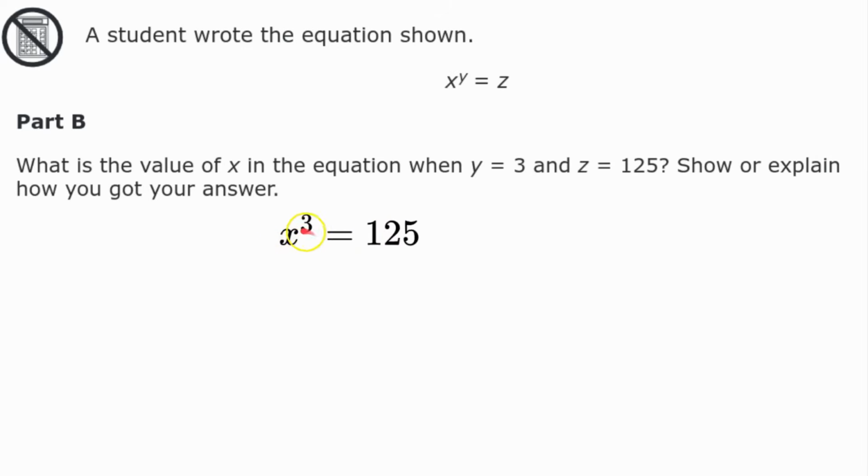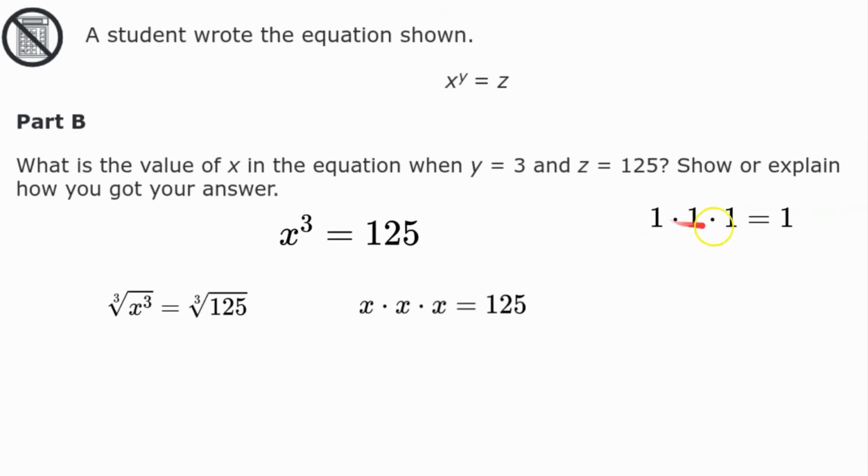If you want to find the value of x, we can find the cube root of both sides, or you can ask yourself, x multiplied by itself 3 times must equal 125. So what number, when multiplied by itself or cubed, is 125? So I show my students how to make an organized list to see the pattern of perfect cubes.